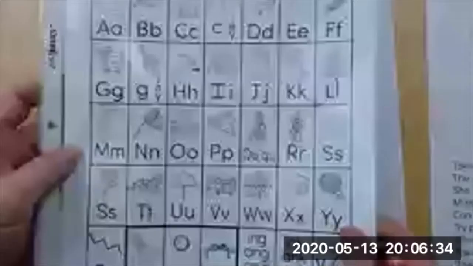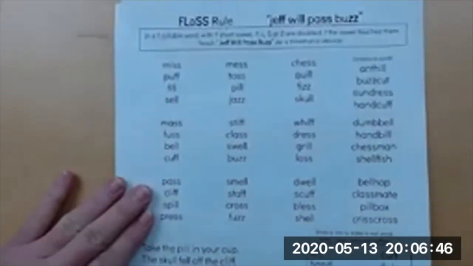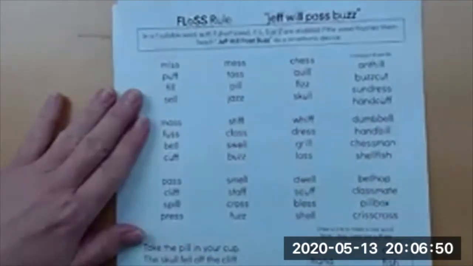So we have our charts out, and we need to have the FLoSS page available for our lesson. Now, depending on the child, you may or may not put this page in front of them ever during the lesson. But it's definitely a resource for you to have.